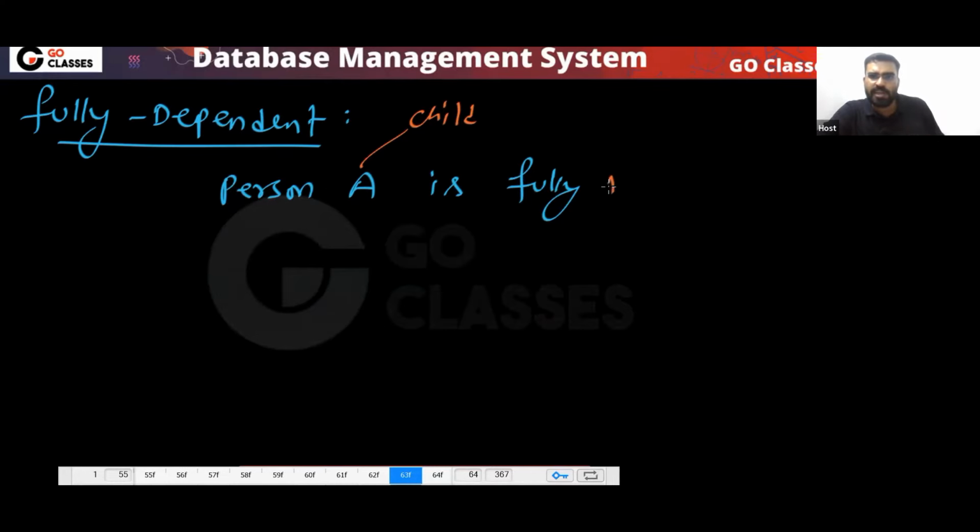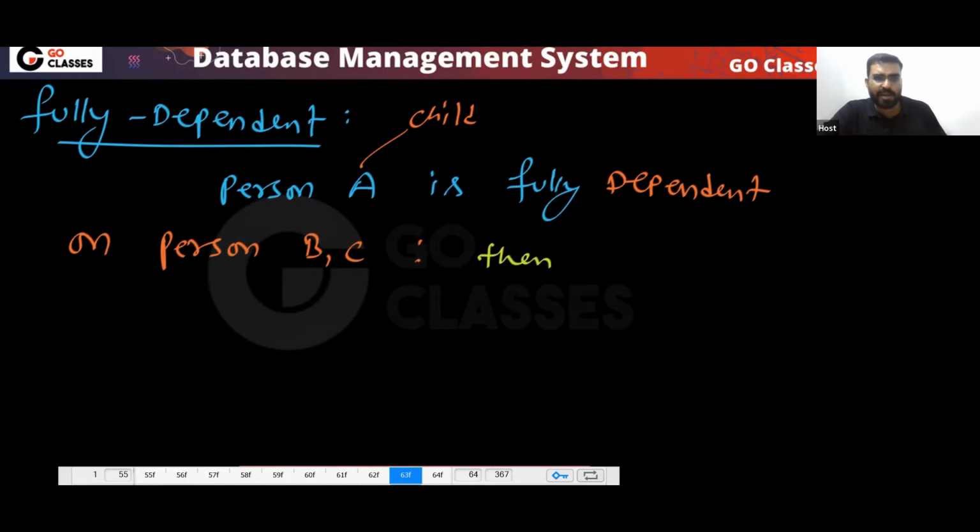If this child is fully dependent on persons B comma C, then what does it mean? It means that B comma C will determine A.